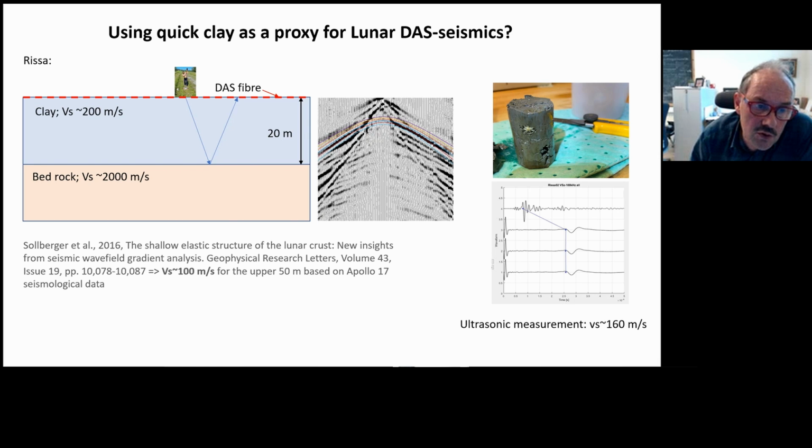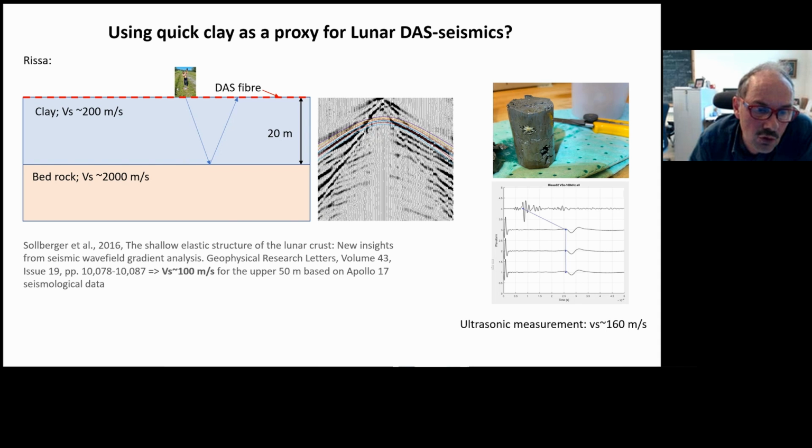So then we want to use this quick clay experiment as a proxy for lunar DAS experiments. We have made clay measurements, and we know that there is a huge difference between clay, of course, and the lunar environment. There is, however, one similarity. The shear wave velocity in clay is around, say, 150 to 200 meters per second, and then you have a strong bedrock below.